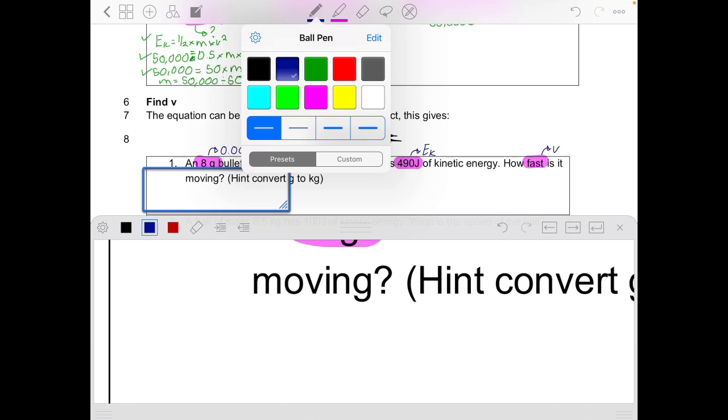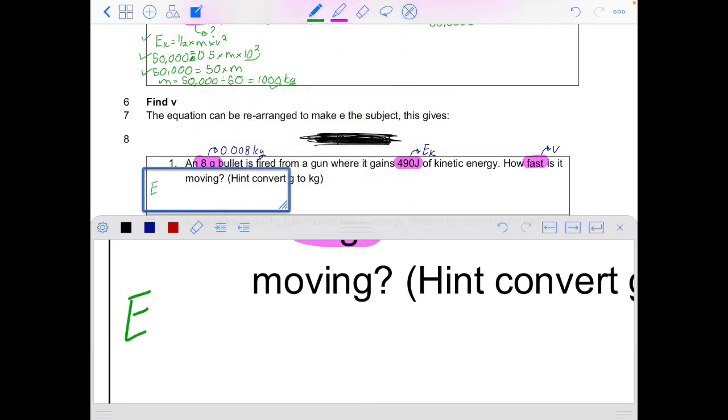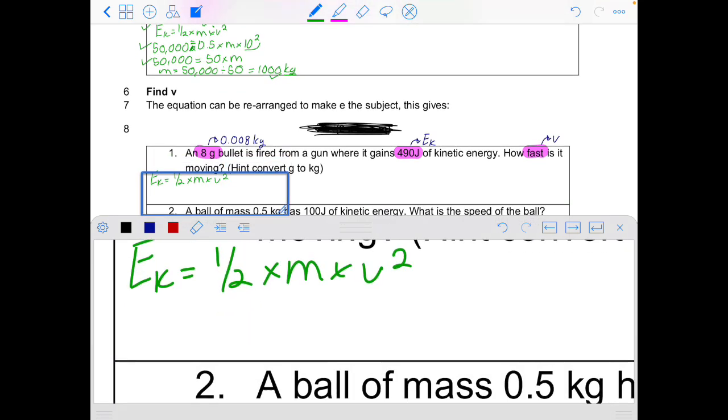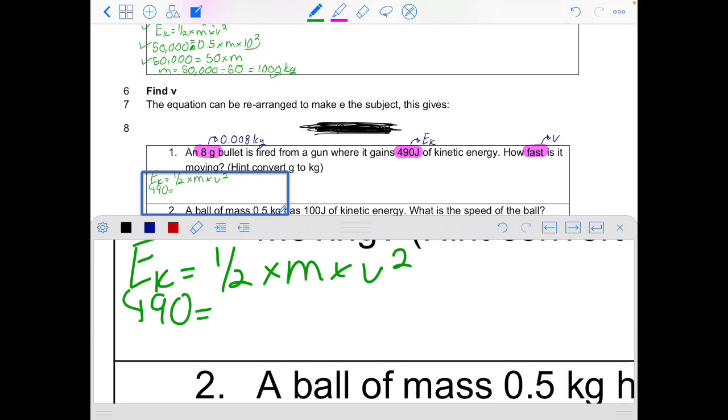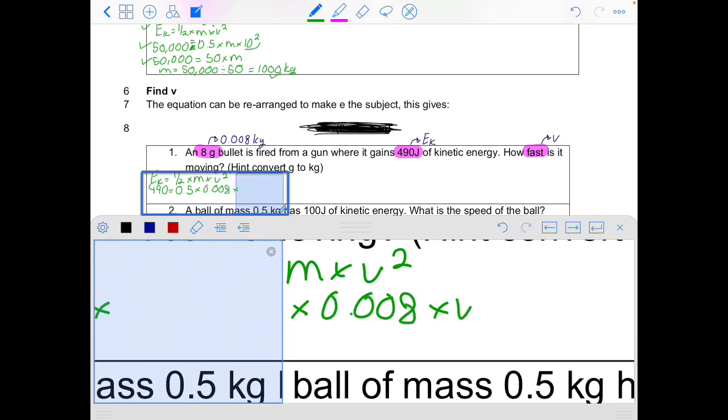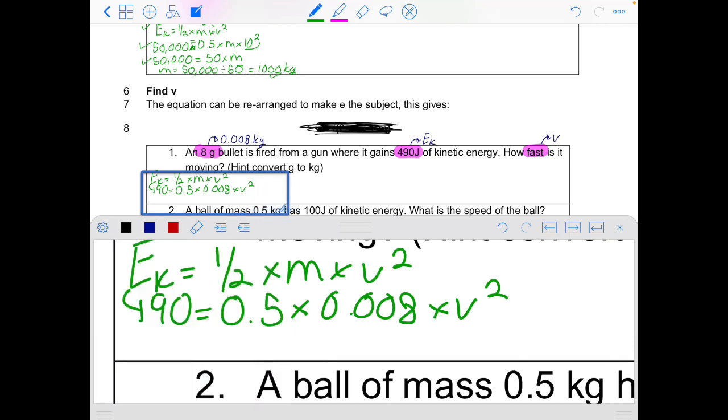So step 1, write down your equation. Kinetic energy is equal to 1/2 times mass times velocity squared. We have our kinetic energy, 490, is equal to 0.5 times 0.008 times velocity squared. So now we need to multiply these two together.